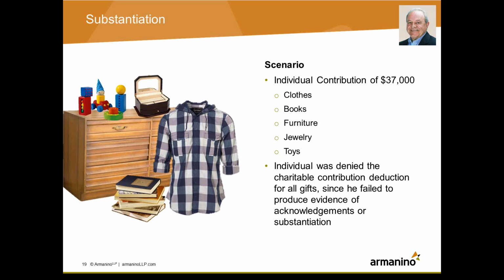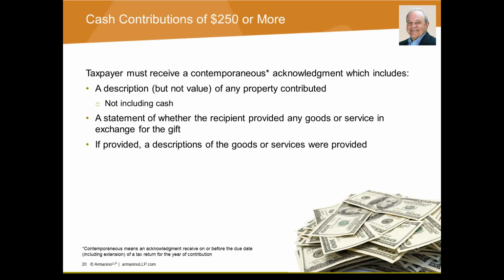It's a pretty tough case to read, because it's clear that the court said, we know you gave these things to a charity. We know that. But you didn't follow the rules on substantiation and acknowledgement, so we cannot allow you to take an income tax charitable deduction.